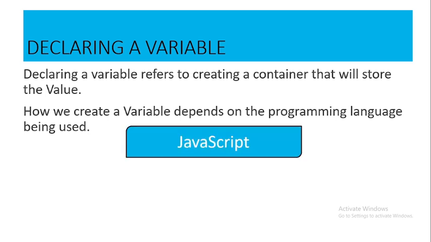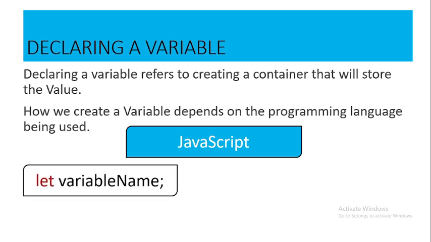If you are using JavaScript, we use a keyword known as let. We use the keyword let to instruct the computer that we want to create a variable, and then after the let keyword, you give a name to the container. That is why over here you are seeing the let keyword and then variable name.